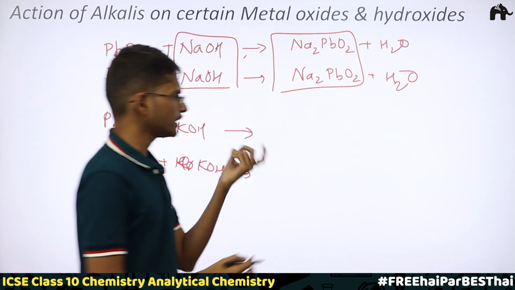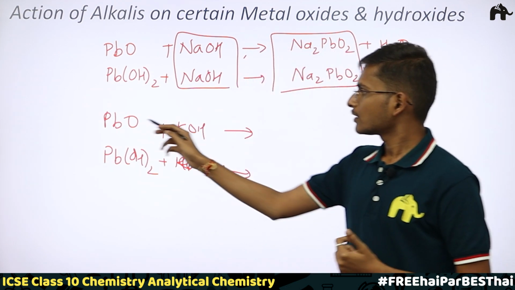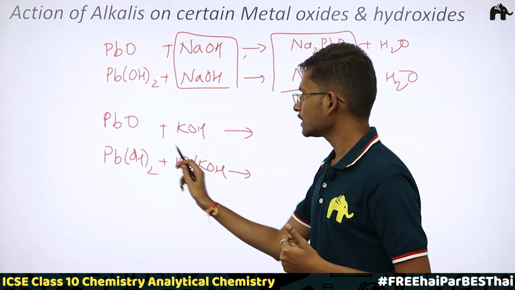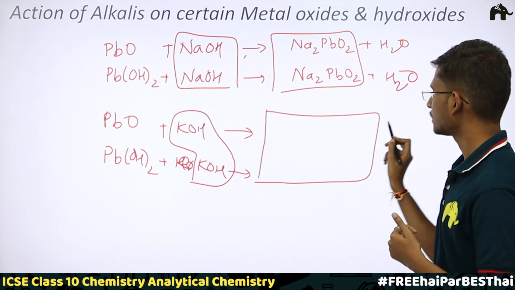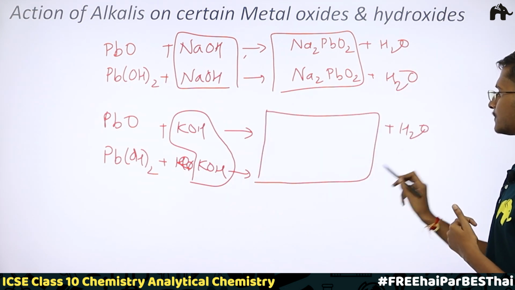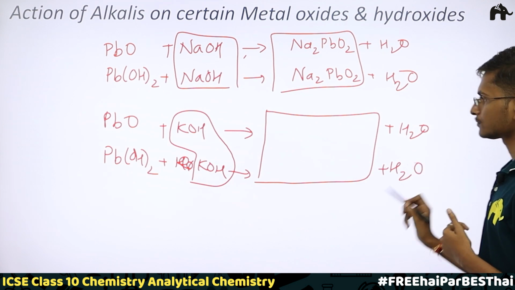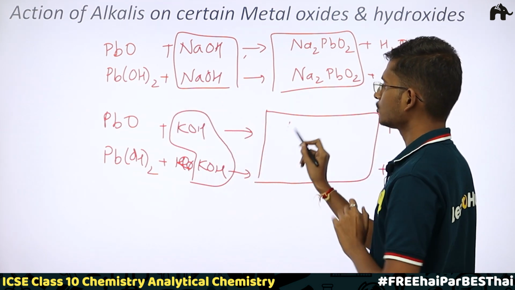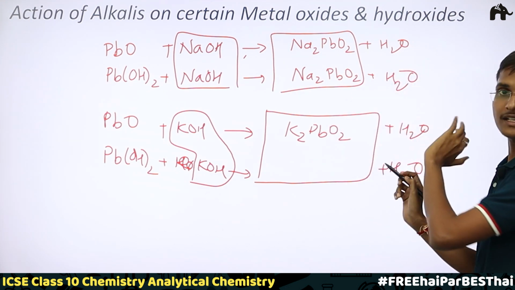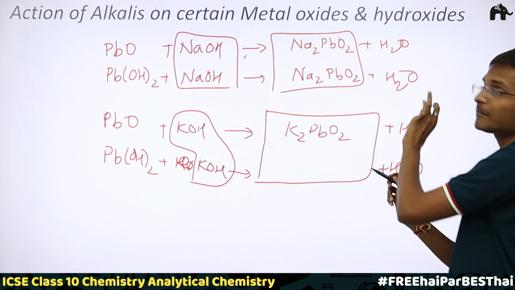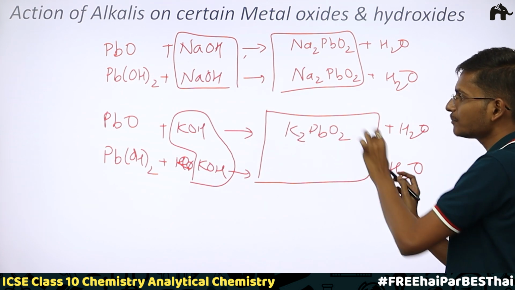Okay, so again, oxides and hydroxides with the same reagent would give us the same salt and water. So K2PbO2, potassium plumbite, like sodium zincate; here it is sodium plumbite and potassium plumbite.